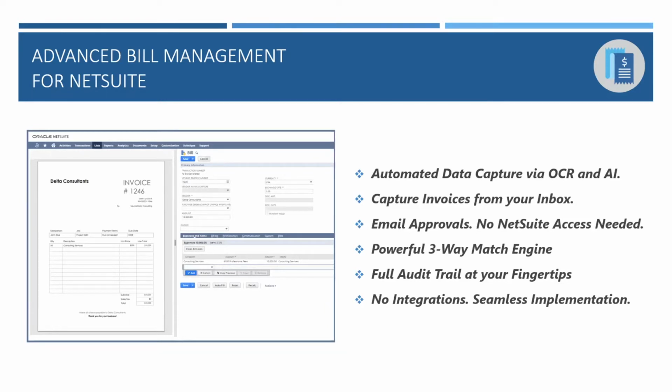It also improves financial controls with our approval workflow automation, which helps approve invoices through configurable workflows no matter how complex they might be. We also validate that vendor bills and receipts match purchase orders and are in compliance with predefined thresholds that you define using our three-way match. And all of this is done with a full audit trail and is 100% native.